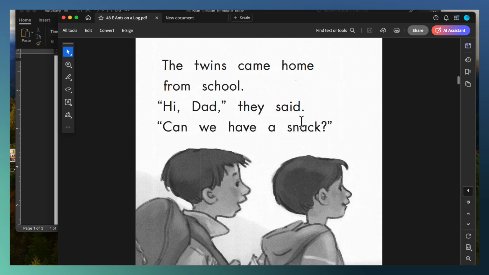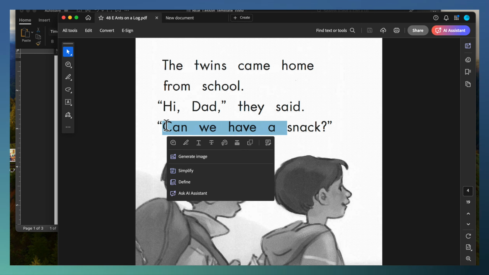The other nice thing about dialogue, but it isn't necessarily exclusive to dialogue, is that there are a lot of sentence stems that are useful in real life. So "Can we have a blank?" is a sentence stem that is very usable beyond this book.